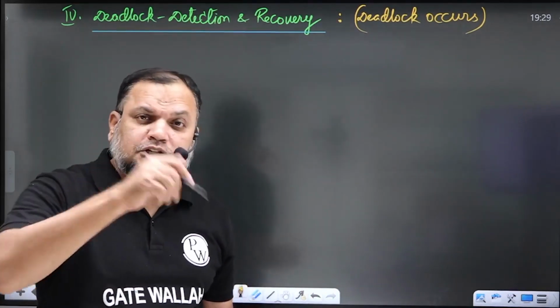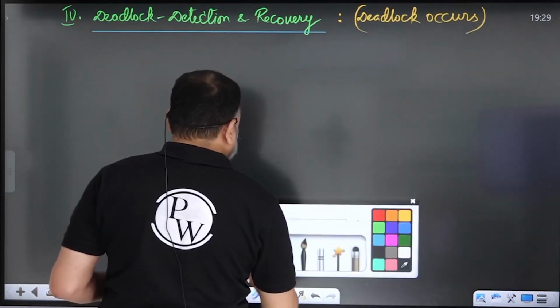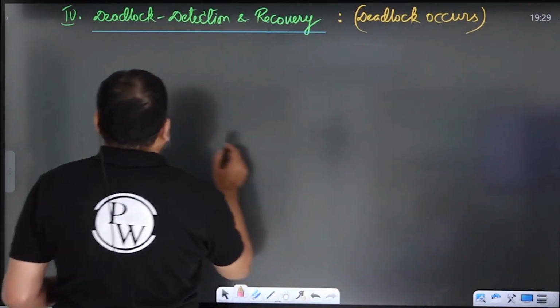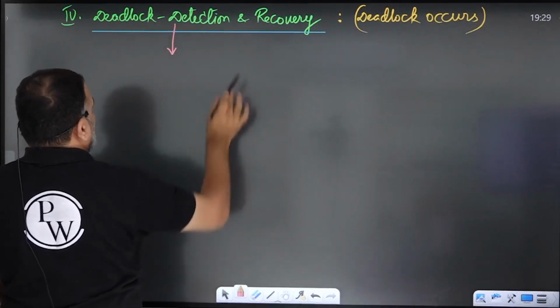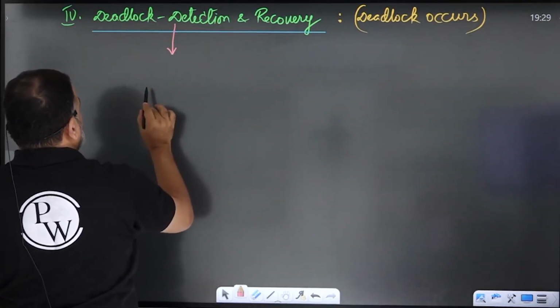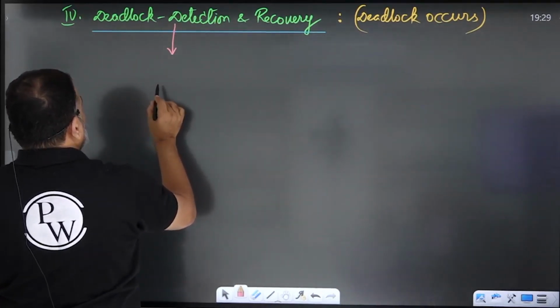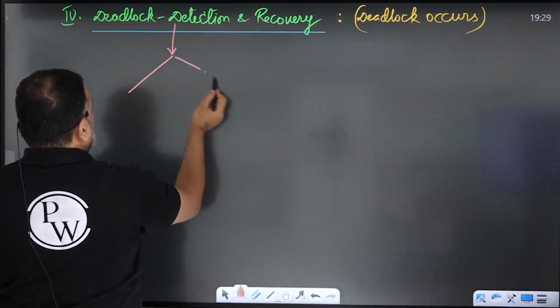So that's why we say detection and recovery. I would like to emphasize that there are two things here. One is deadlock detection and the other is recovery. There are two parts. First we'll talk about detection. In detection, there are two algorithms.